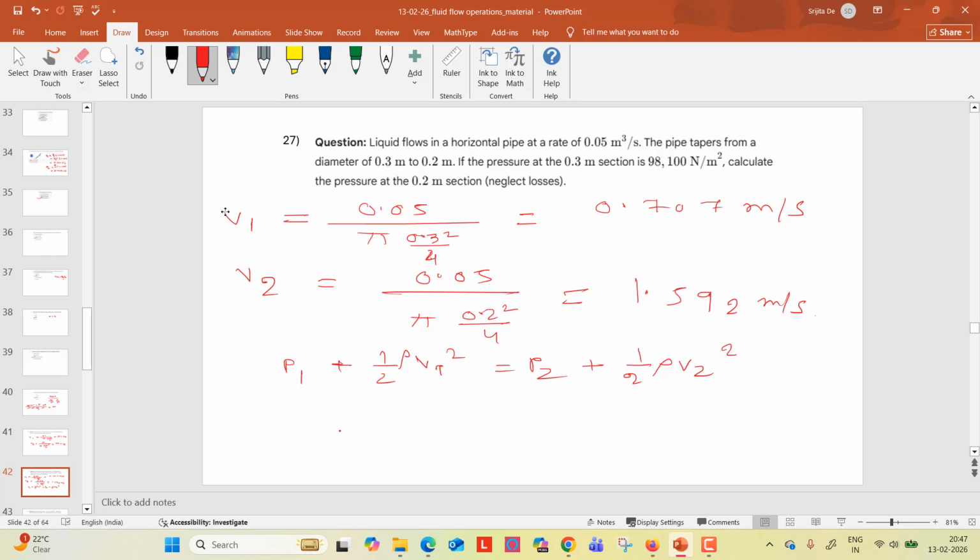So this P2 will be P1 plus half rho into V1 square minus V2 square.